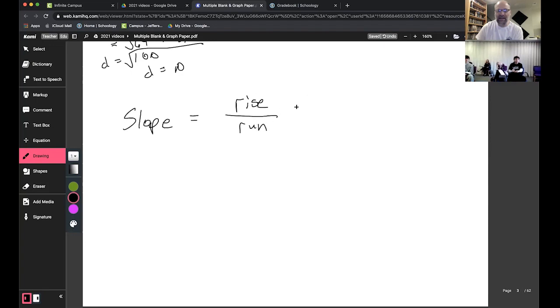Okay, so rise, if you think about the coordinate plane, how high it goes. So this is going to be the difference of y, the distance between y values. Okay, so basically y1 minus y2.